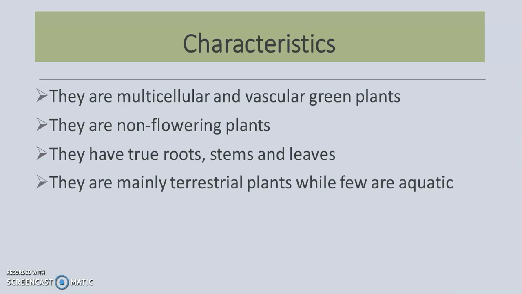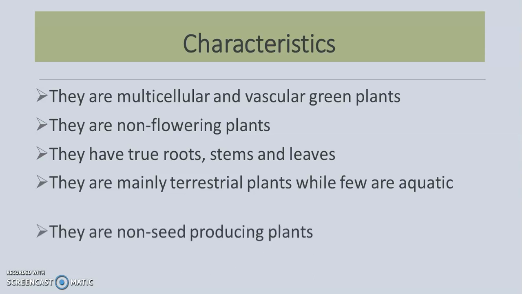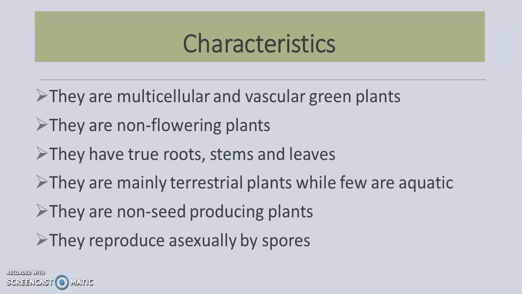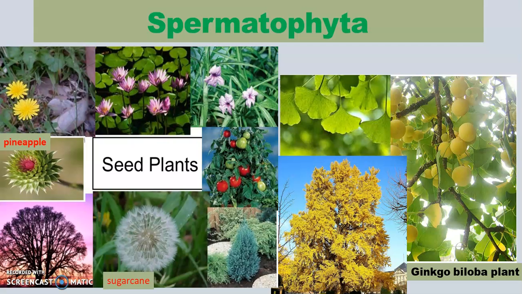Then they are mainly terrestrial plants, while few are aquatic plants. Some of them are non-seed producing plants, others produce seed. Now some are sexually reproductive, others are asexually reproductive.